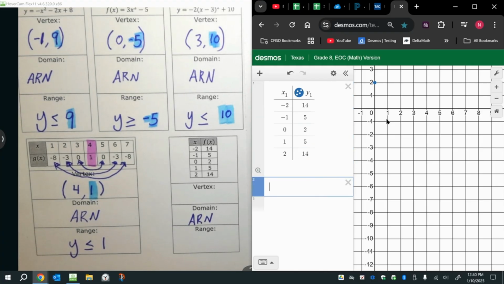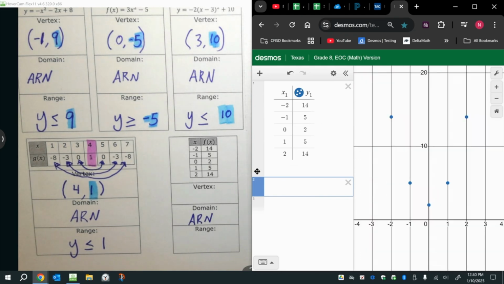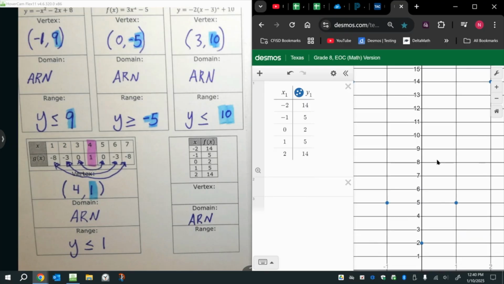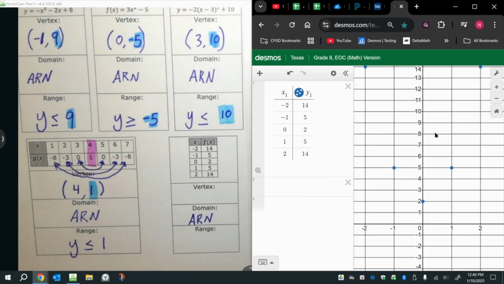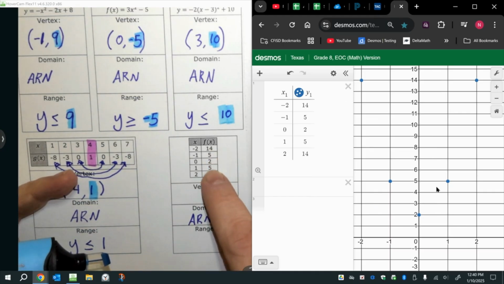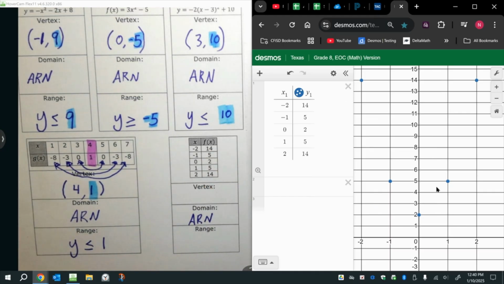And again, if you can't even get the points, you can always click on this thing right here. It'll bring up the points, so it'll focus in. All right, that's pretty good to see. But you identify where my vertex is going to be. Well, the partner list, right here.